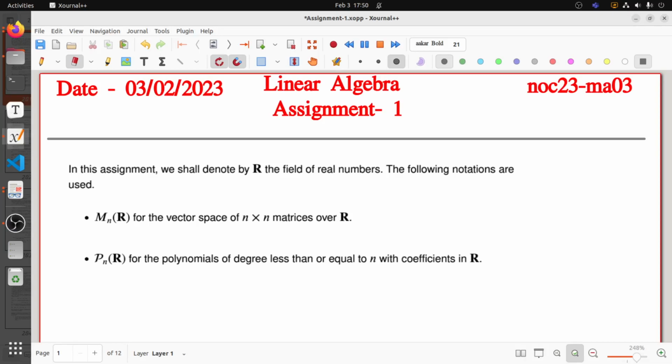Multiplication is linear. So what is the definition?